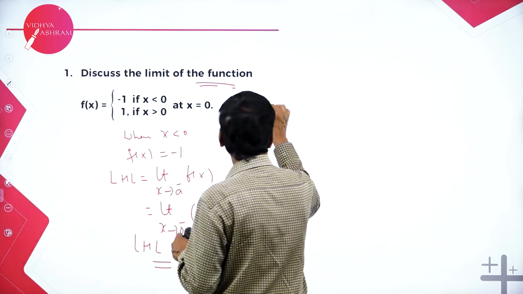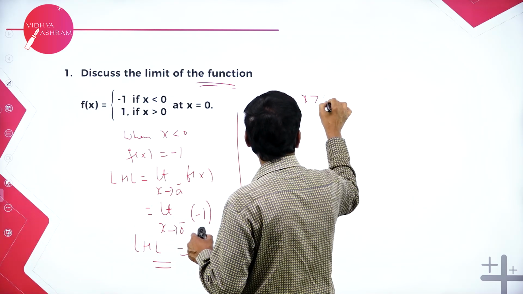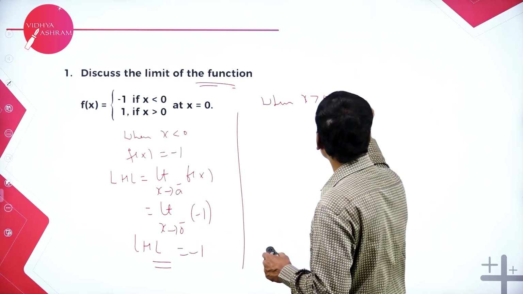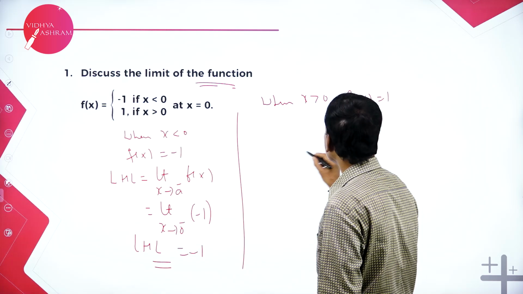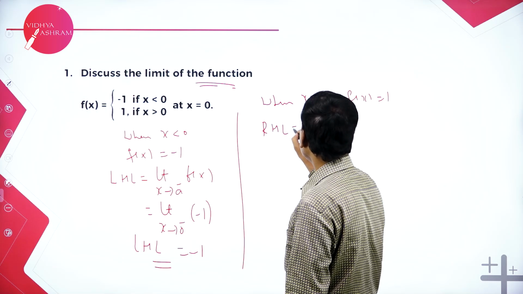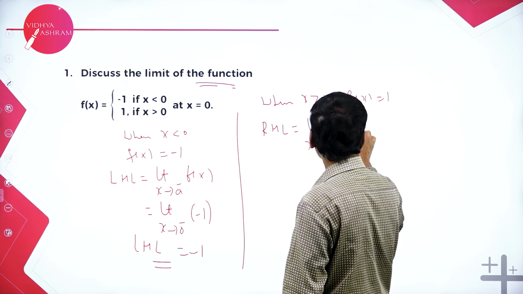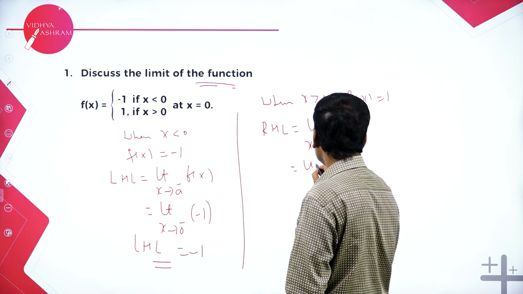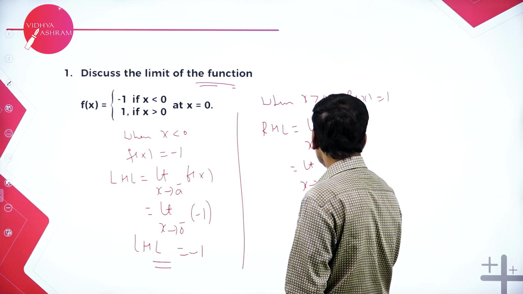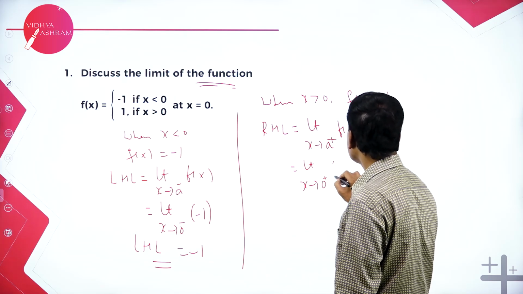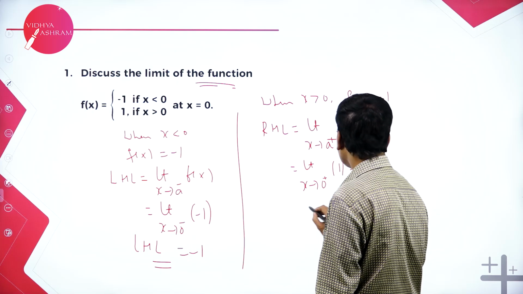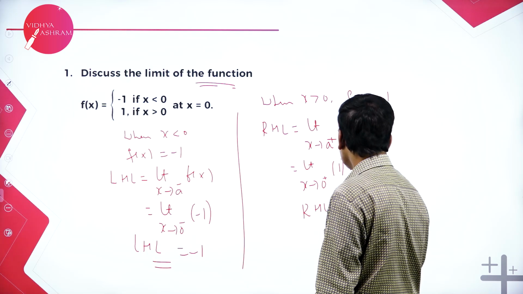On the other hand, when x is greater than 0, f of x is given as +1. We can write right hand limit is equal to limit as x tends to a plus of f of x, that is limit as x tends to 0 plus of f of x. f of x is 1, so that is equal to 1. So right hand limit is equal to 1.